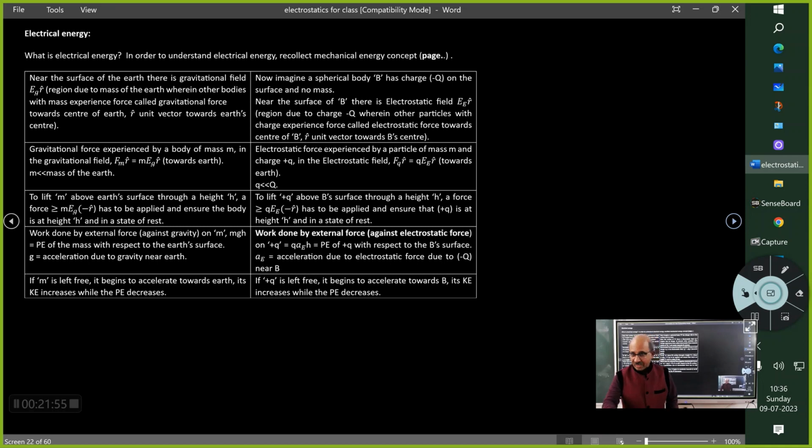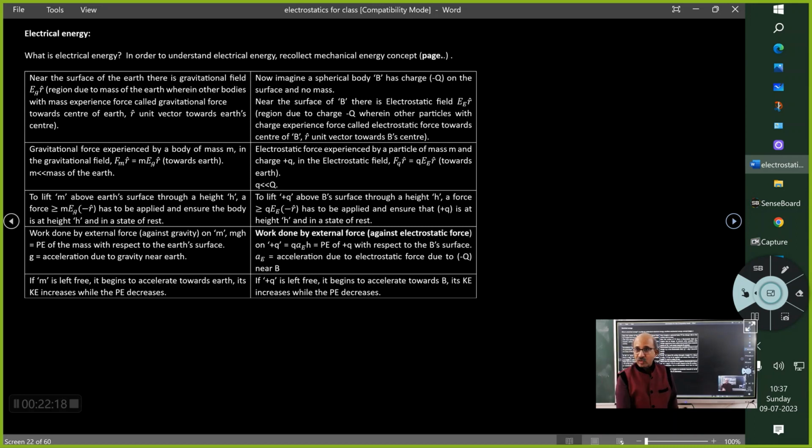The force I am applying is mechanical. But against what force am I applying force? Understood? Against electrostatic force I am applying force. So work done by me is F external into h. Yesterday I did F external into h.